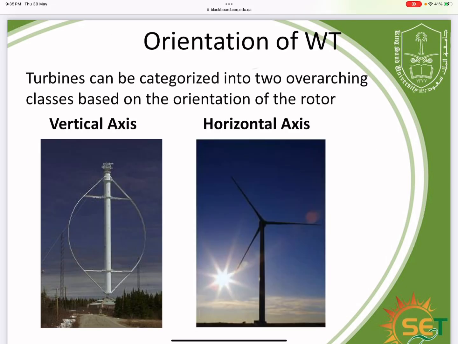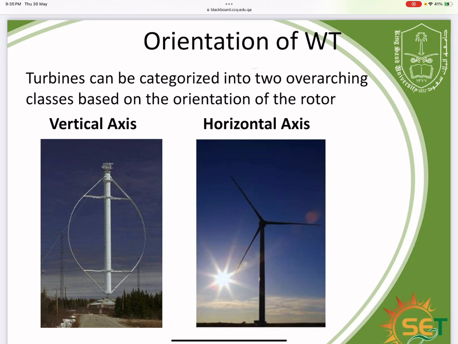Now, orientation of wind turbine. Wind turbines are categorized into two main overarching classes based on the orientation of the rotor. Here we have the horizontal axis wind turbine.